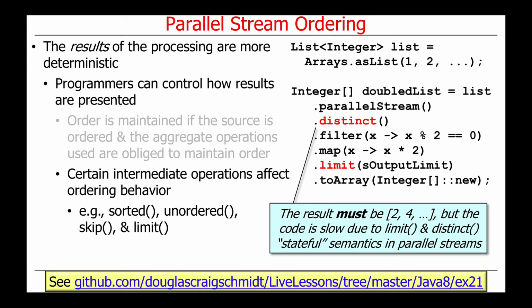So distinct has to go through, for example, and see, are there any duplicates in the input? And if so, get rid of them. So that's another stateful operation. And limit has to keep track of how many things you've already processed, so it can stop you after you've exceeded the limit.